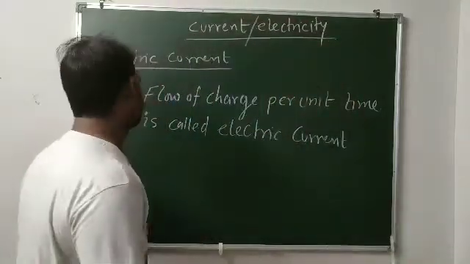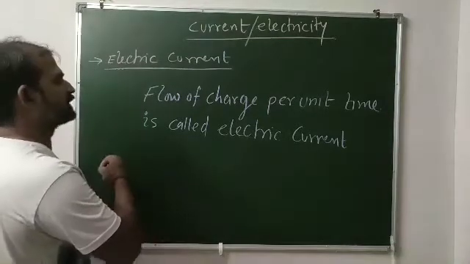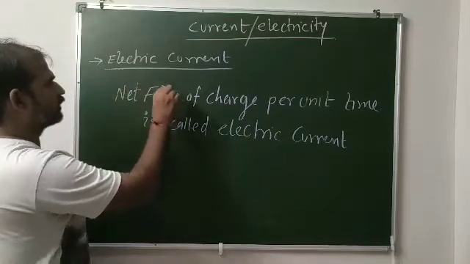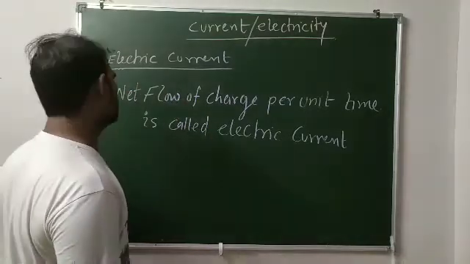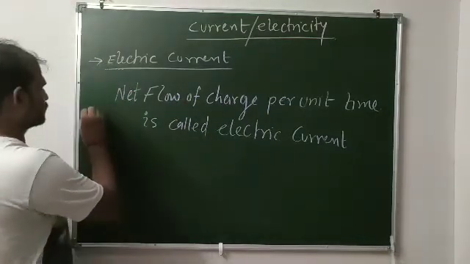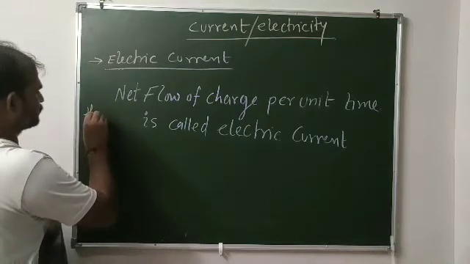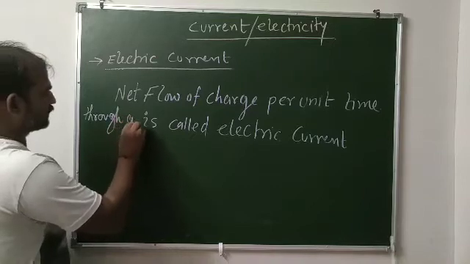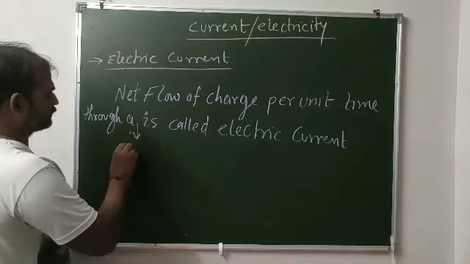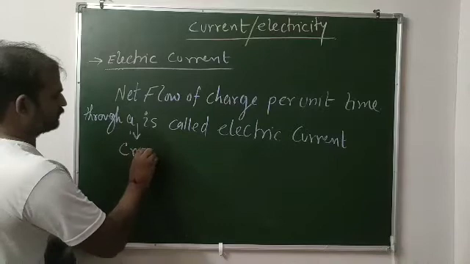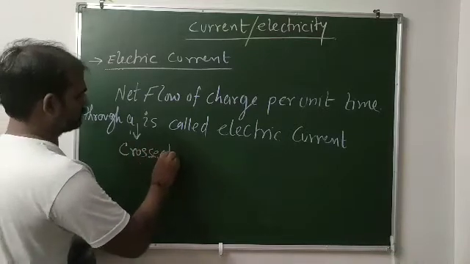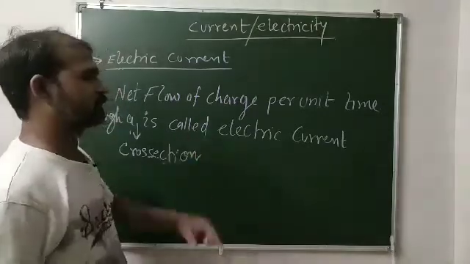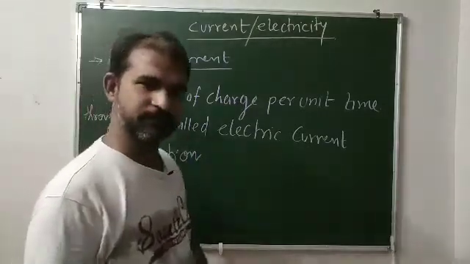So let us make it precise. Here you add the words: net flow of charge per unit time through a cross section. Now this definition is complete.